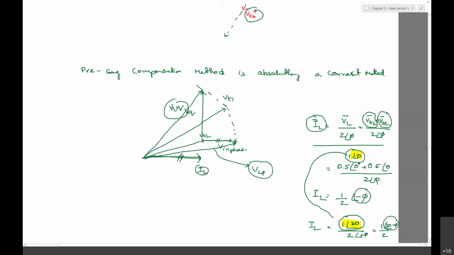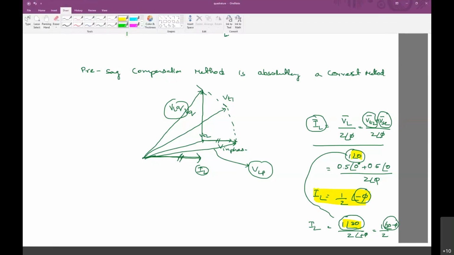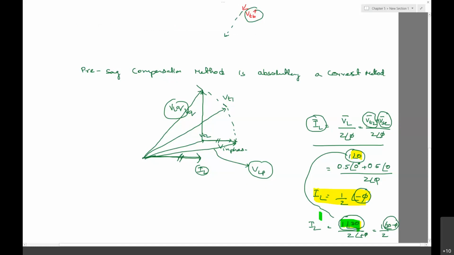In one case of IL, when you take 1 at an angle of 0, we get this. And in the other case, 1 at an angle of 30 degrees, we got this expression. In all these cases, the IL phasor is not at a fixed point. So while explaining the quadrature injection or the in-phase injection, the IL is going to change.